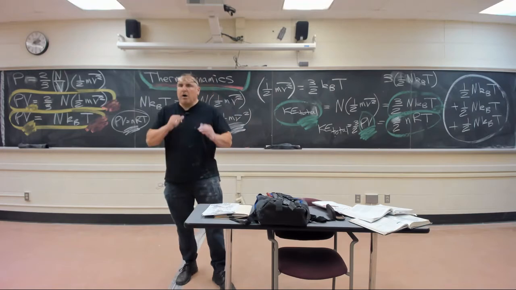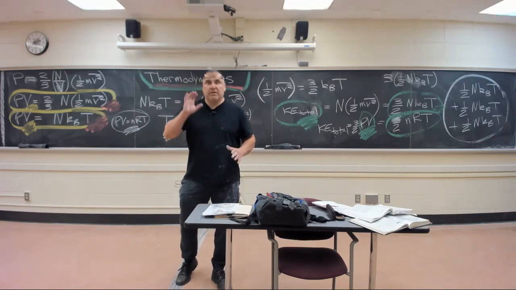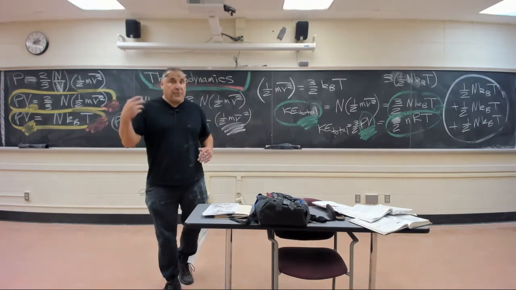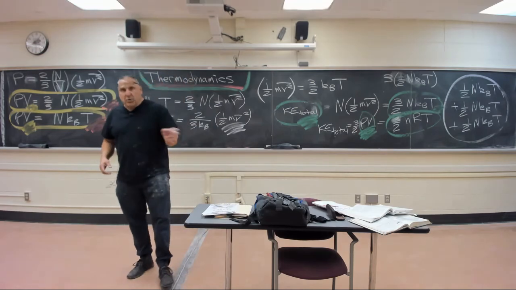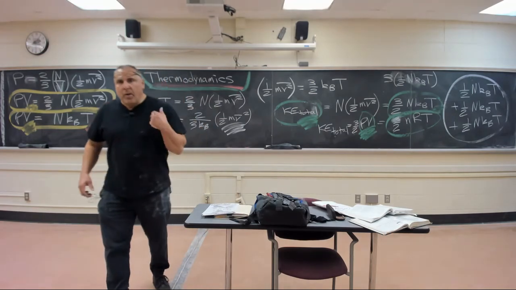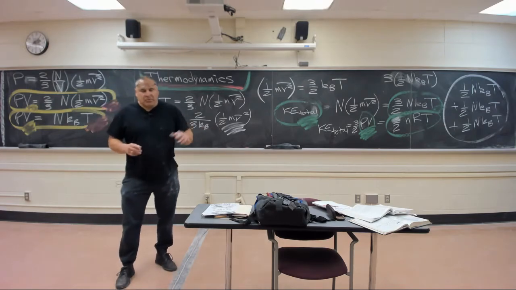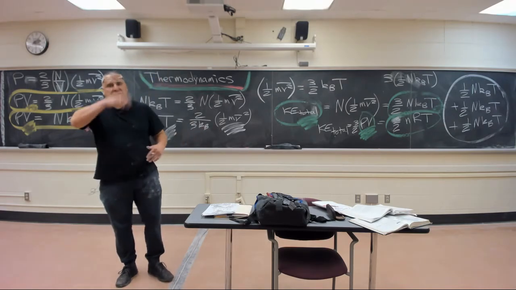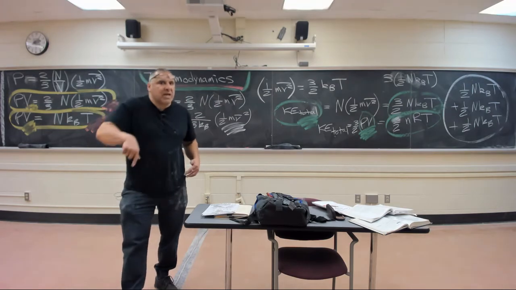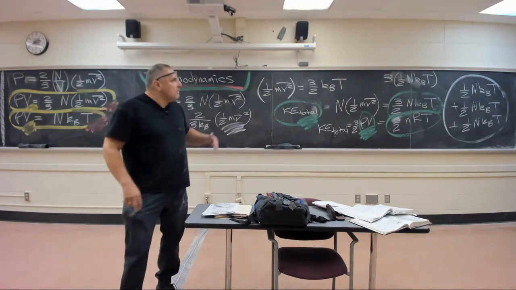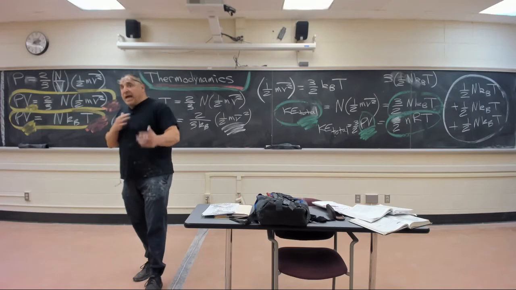If there are 7 different degrees of freedom, 3 of them being X direction motion, Y direction motion, and Z direction motion, 3 of them are that, 3 times a half, times the nkBT. Rotation, yeah.